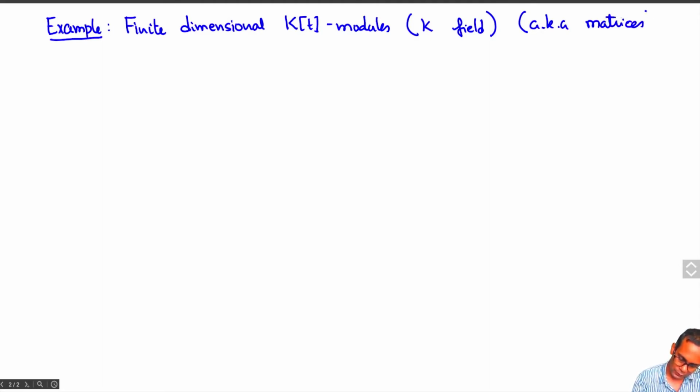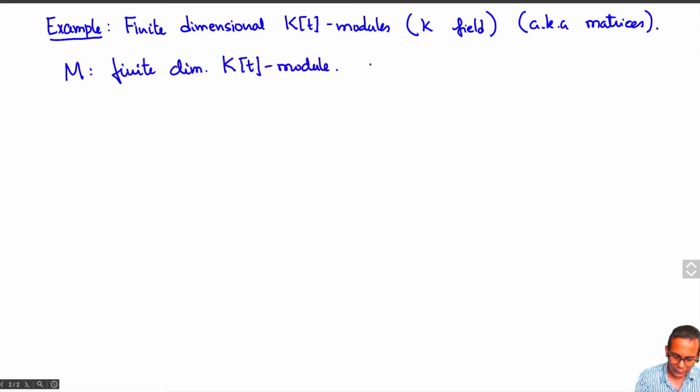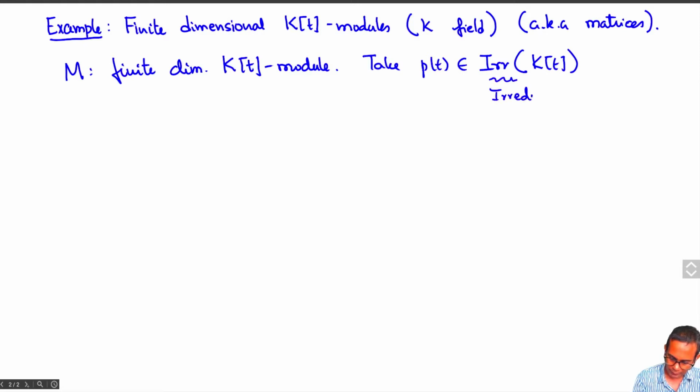I'll recall how this works in a bit, but you've seen this in Algebra 1 if you took Algebra 1. So suppose M is a finite dimensional K[t] module, and take p(t) to be any irreducible polynomial in K[t].